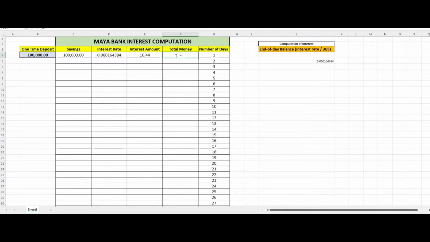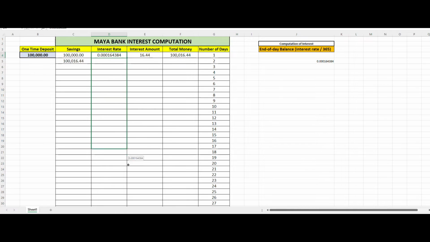So your total money for day 1 is the savings plus the interest amount. So you have 100,016.44 pesos.